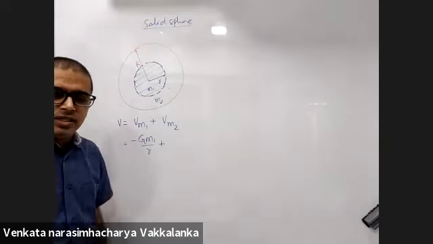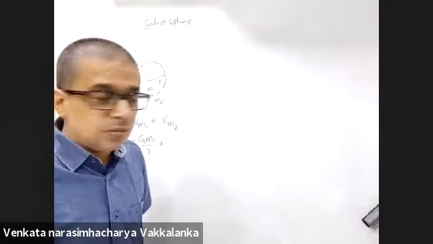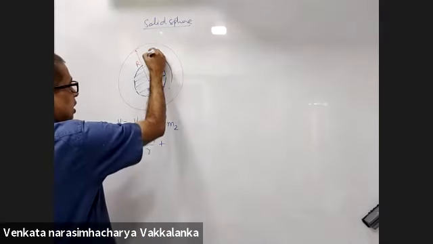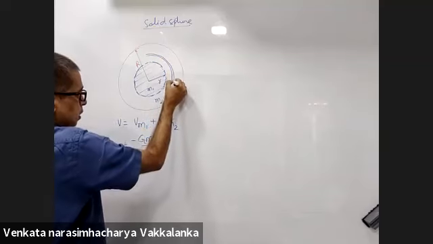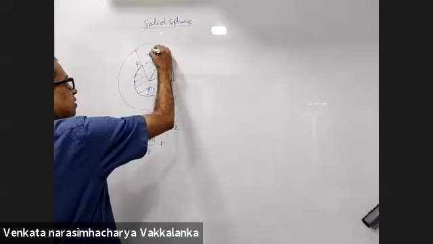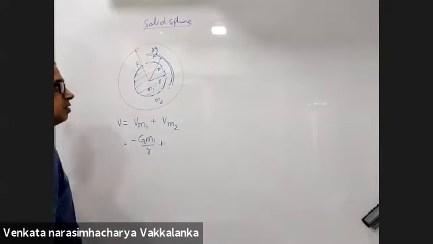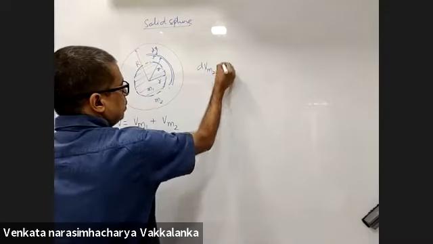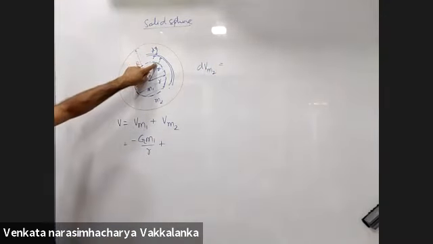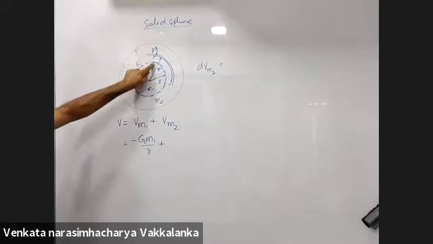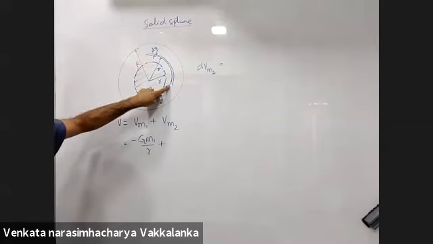When you consider a thin spherical shell of radius x and thickness dx, I am taking the potential at a distance of r due to the thin shell.